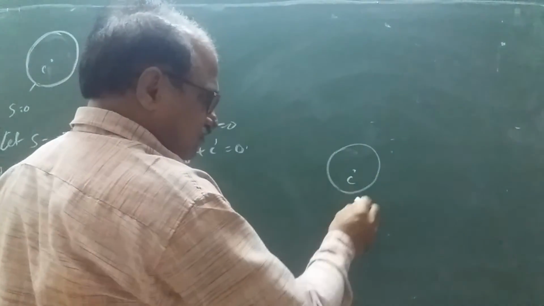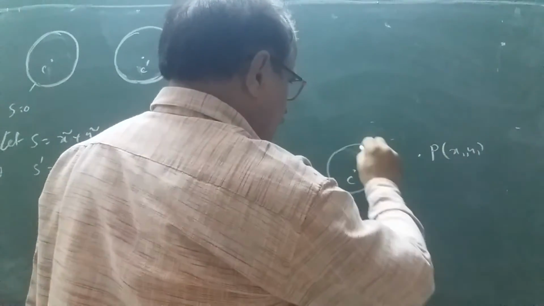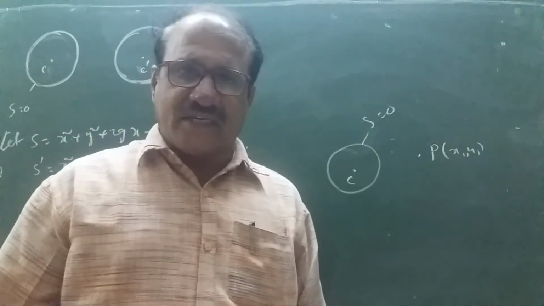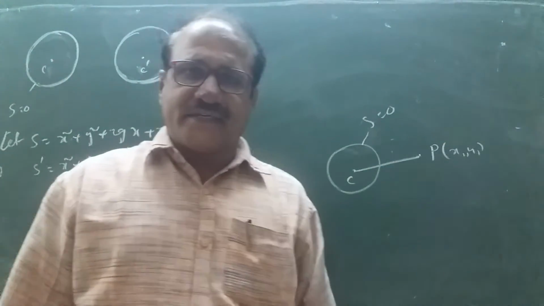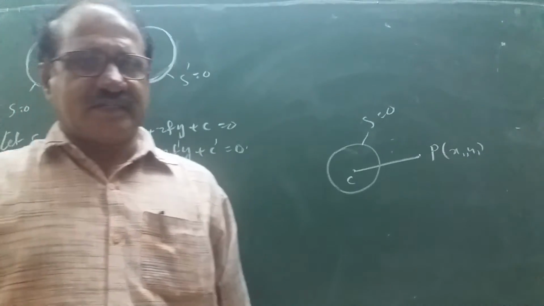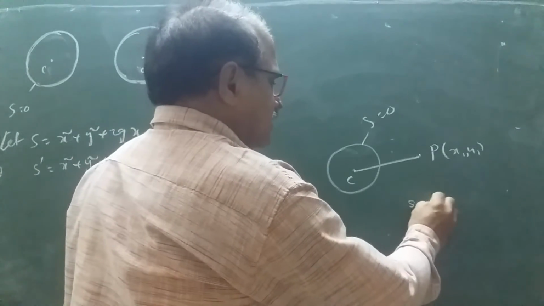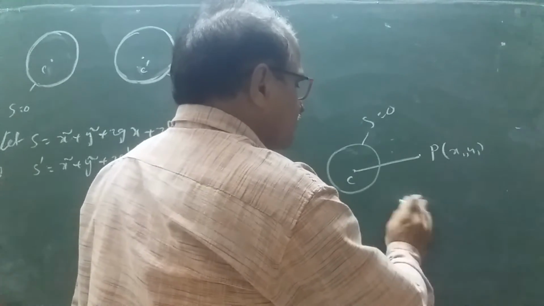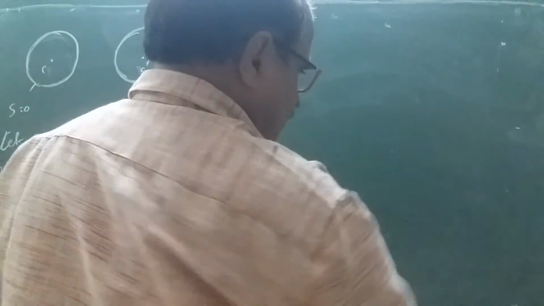Let this be the center and let P be x1, y1. Then what is the power of P? We already discussed in previous sessions. The distance between the point and the center is the power of the point, which we can find by S11. That is the power of a point, S11.